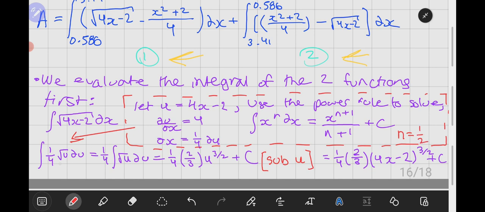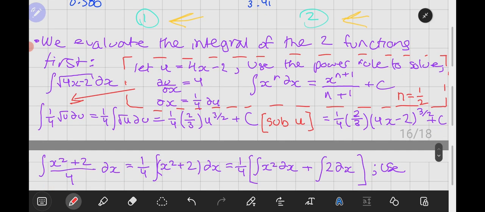Okay, now substituting our newfound values, u and dx, back into our equation, we get the integral of 1/4 square root of u du, and then we can move out our constant 1/4 and take the integral, which gives us 1/4 times 2/3, because 2/3 would otherwise be in the denominator, but we've just flipped it and moved it to the front.